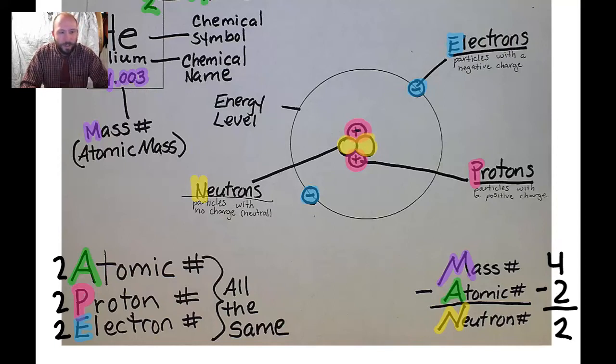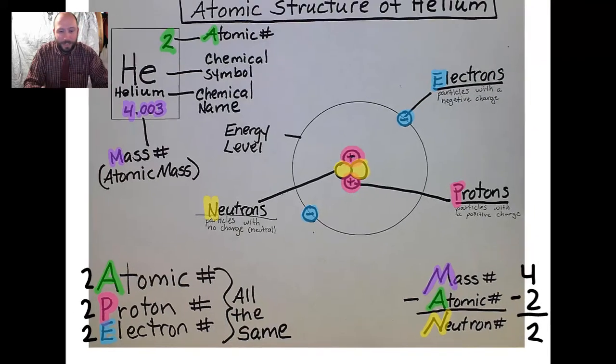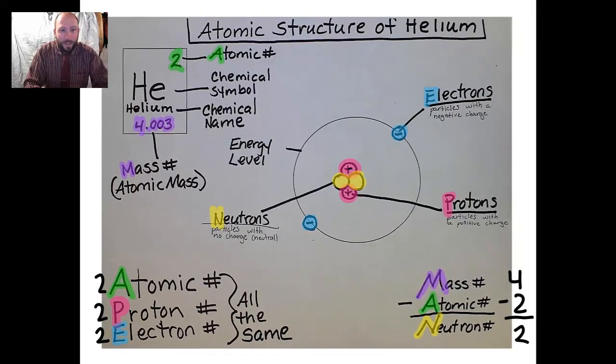Another little shortcut there. The atomic mass is always based upon the particles that have substantial mass, and that is your neutrons and protons. And so if you were to count up the particles in your nucleus, you would now find that that is the same as the atomic mass. And so through the combination of APE and man, we're able to identify all the connections between the atomic structure of helium.